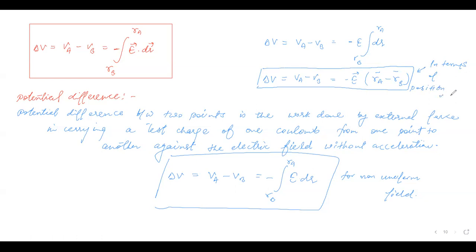And you can also write delta V is equal to VA minus VB is equal to minus E RBA. Okay, this is your equation in terms of displacement vector.